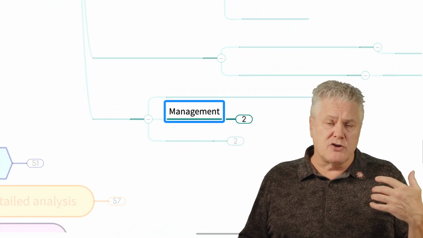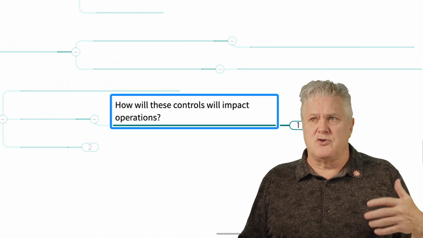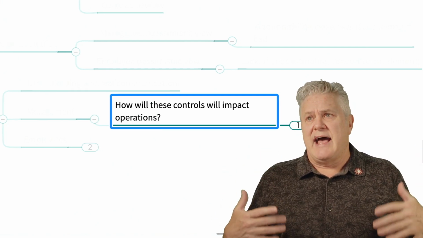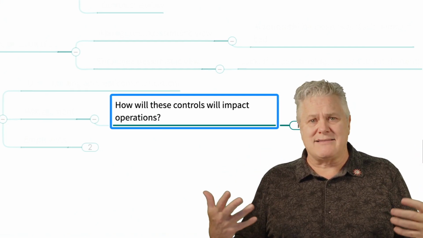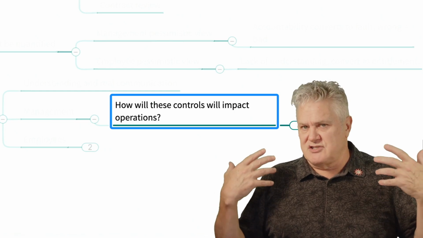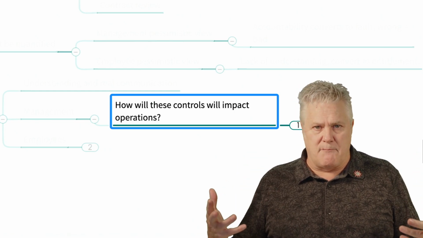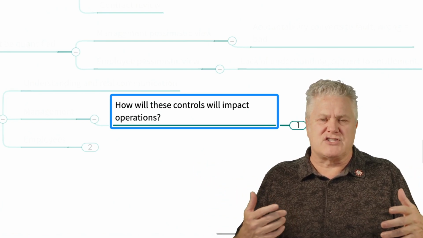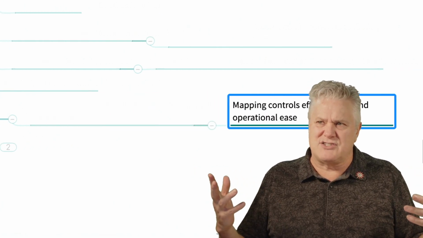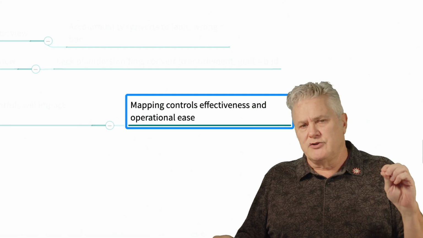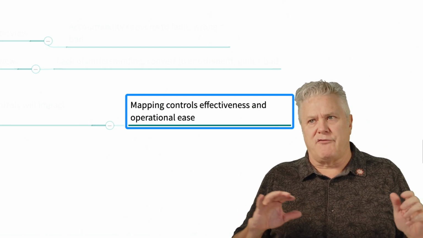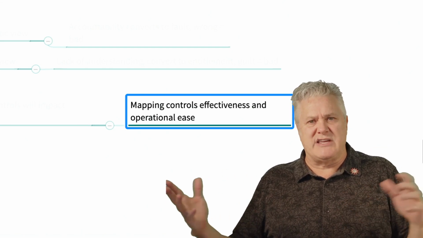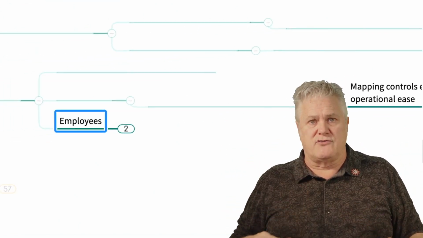Now, for me, the real communications on the management side of things will be asking the question, how will these controls impact operations? Just because it's a good idea doesn't mean we should put it in place. Just because somebody comes along and says, hey, we're going to do biometrics three different ways, that doesn't mean that's a good idea. What you're doing there is you're mapping the control's effectiveness and the operational ease together. You're looking at those two things.